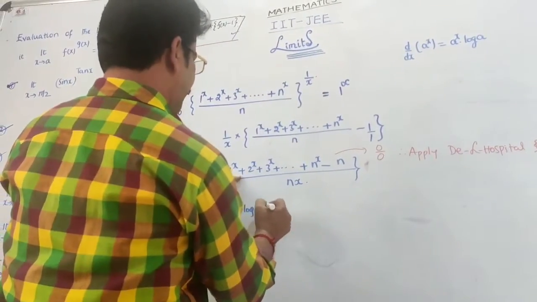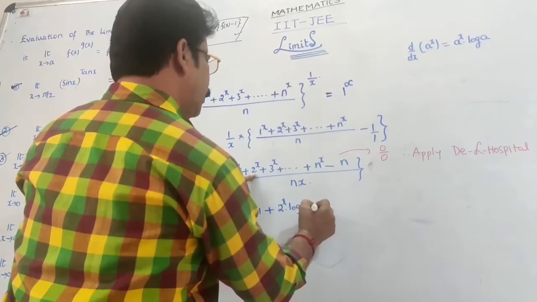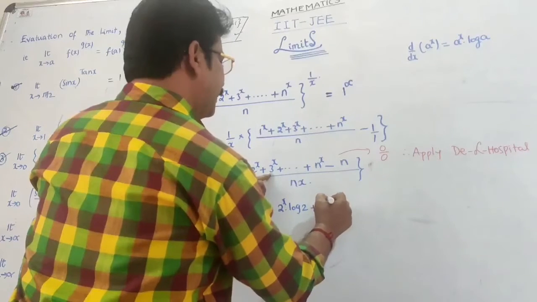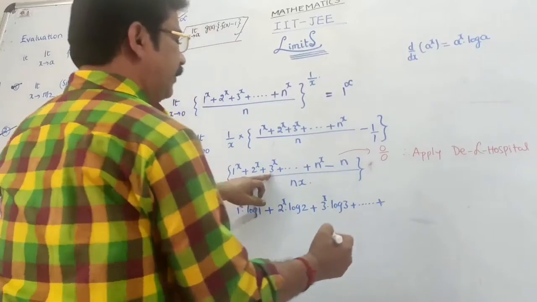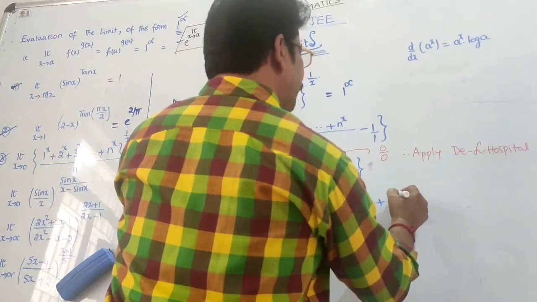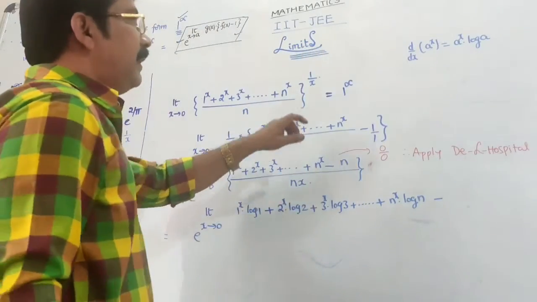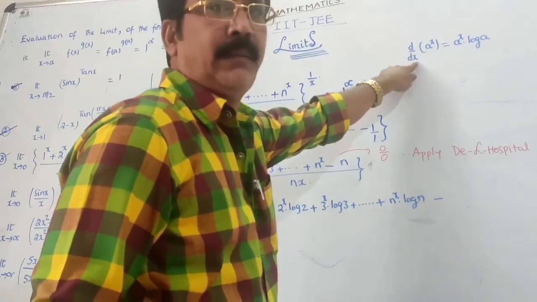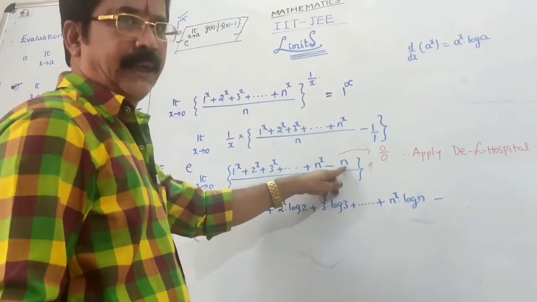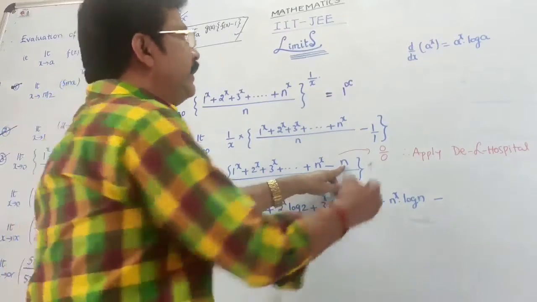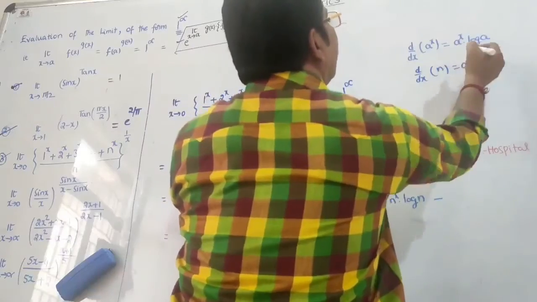Next plus 2 power x into log 2 plus 3 power x into log 3 and so on plus n power x into log n minus, we are differentiating with respect to x, but not with respect to n. Therefore with respect to x it is a constant. Hence d by dx of n, of any constant, is equal to 0.